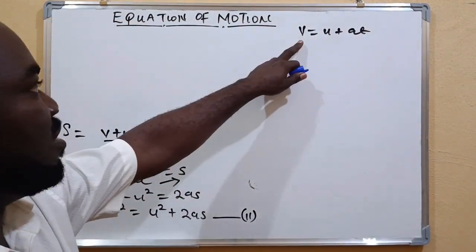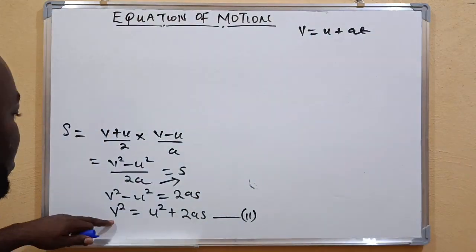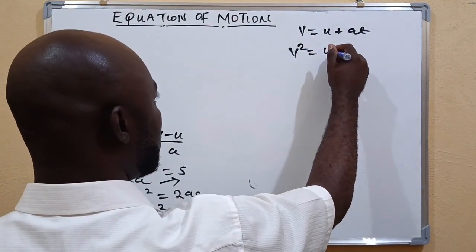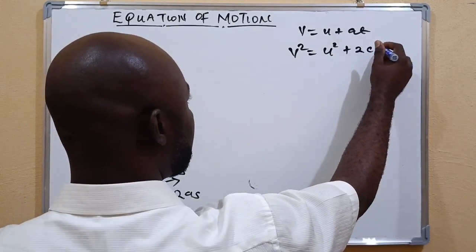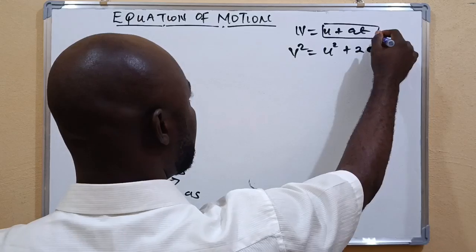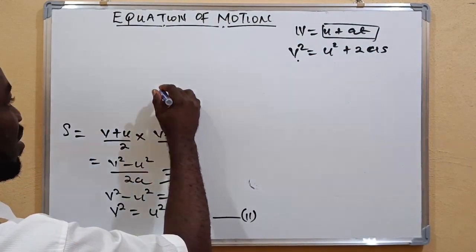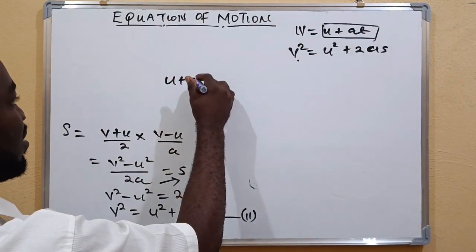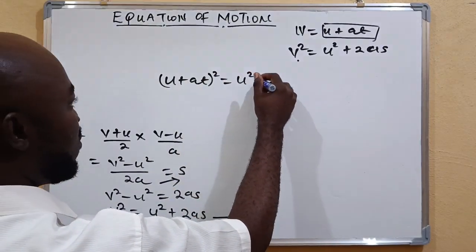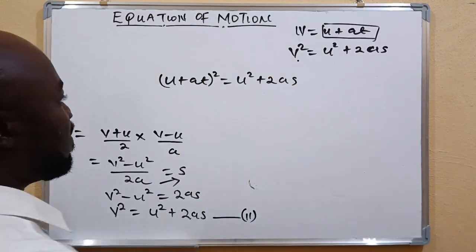So I will use this v here and substitute inside this equation, v square equals u square plus 2as. So I'm going to have u plus at all squared equals u squared plus 2as.